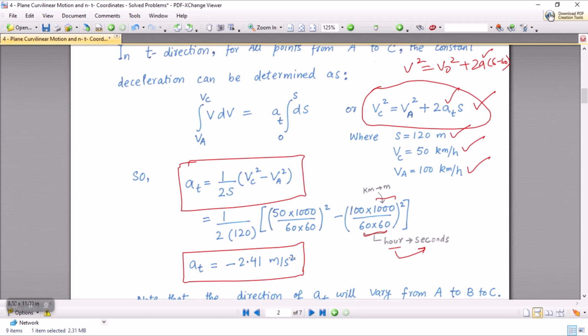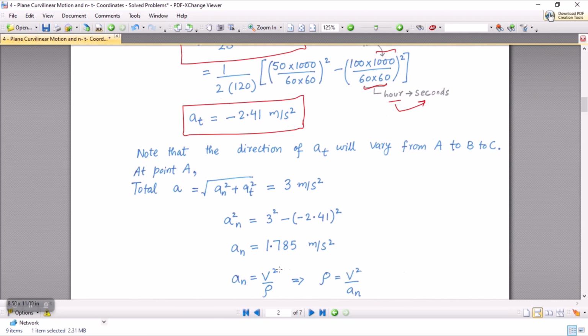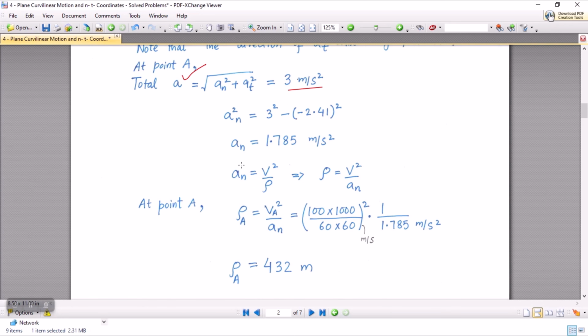So now I already have A sub t. I can simply put this in this expression. The total acceleration's magnitude was given to us in the problem, 3 meters per second squared. The t component we have already determined, it is minus 2.41. I can calculate the n component, and that will be 1.785 meters per second squared.